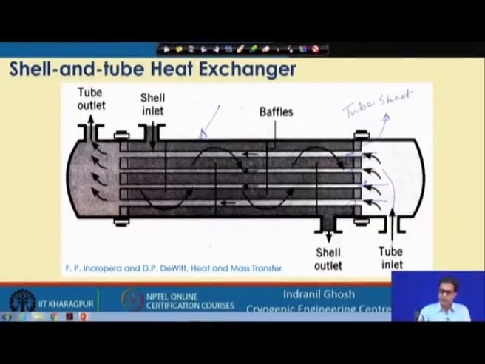In the tube sheet, we have the holes through which all these tubes will pass. There is also another tube sheet on this side. So, this tube sheet will have holes through which the tubes will pass, and in between, the whole tube bundle with the tube sheets on both sides will be enclosed by the shell.